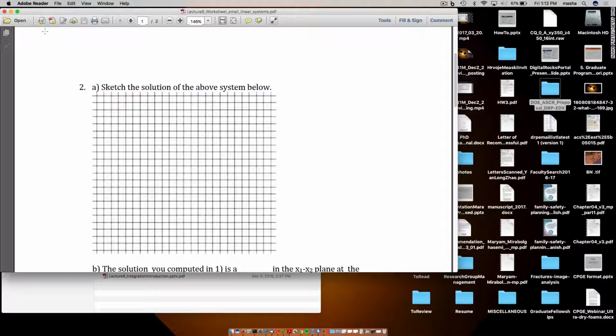There are multiple ways to solve this. One way would be just to add these two together. So I'm going to get that 3x2 is equal to 3. So my x2 is equal to 1. Correct? And what is x1 then? 2. So there is a unique solution to this system.